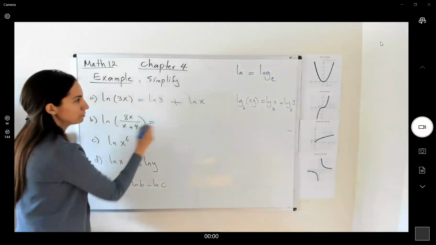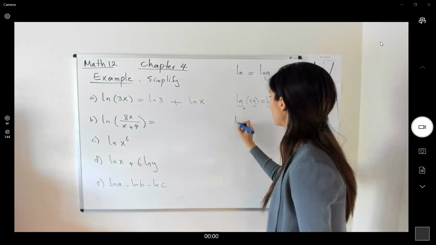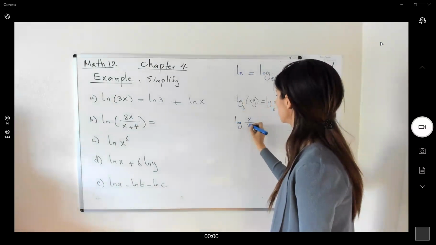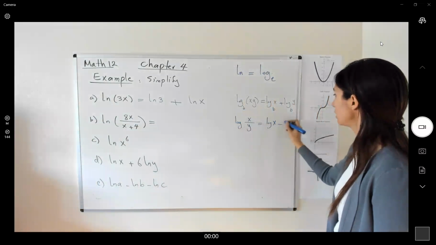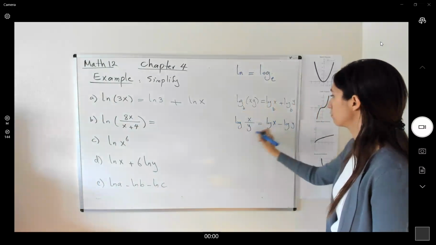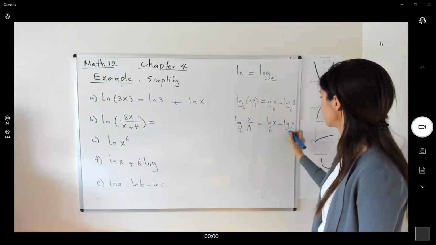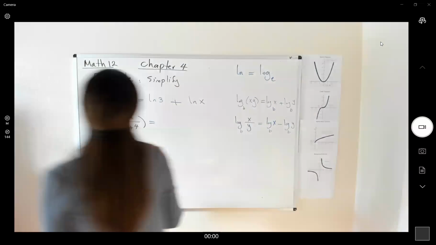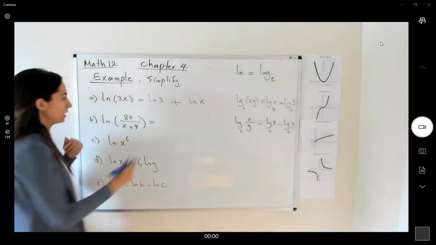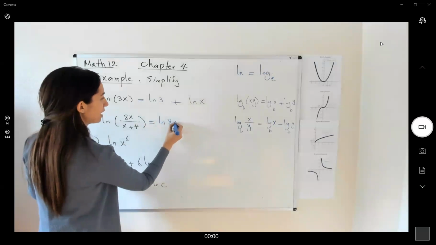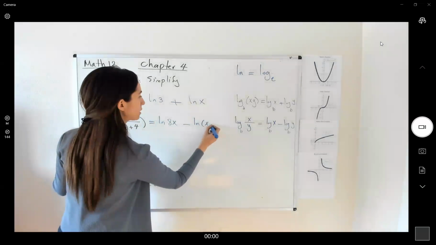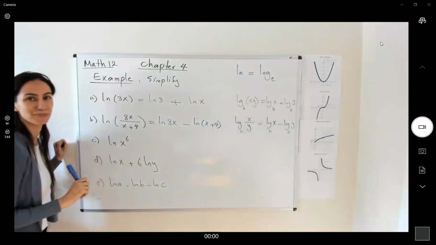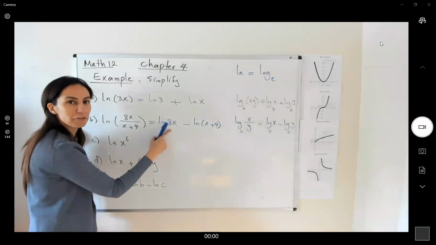For the second one, if we have log of x divided by y, this is log of x minus log of y. So here we get ln of 8x minus ln of x plus 4. Take a look at the first ln.